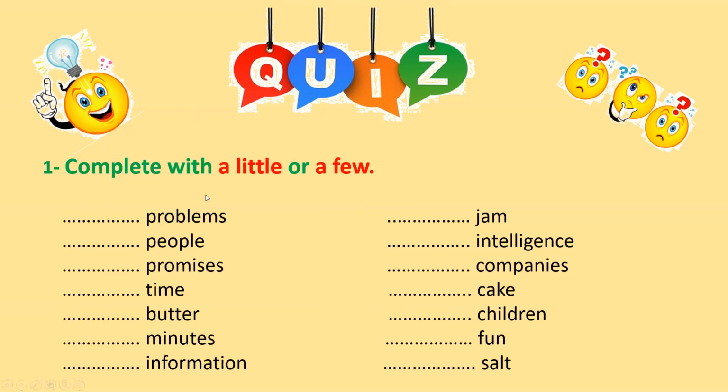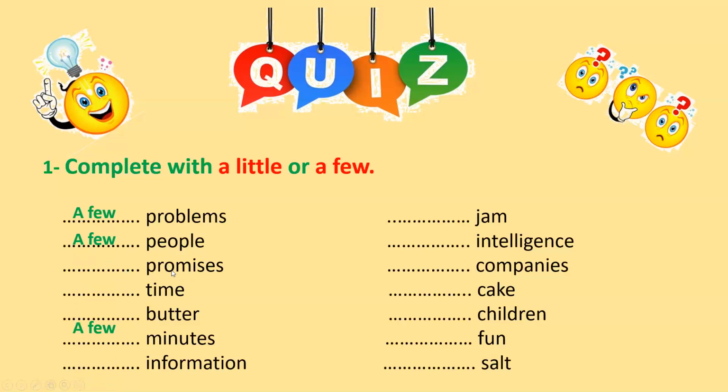So let's start. Problems is a countable noun. You can say 1 problem, 2 problems, 10 problems. So we put a few problems. People is an irregular plural. So we say a few people. Promises, it is in plural. So it is countable.